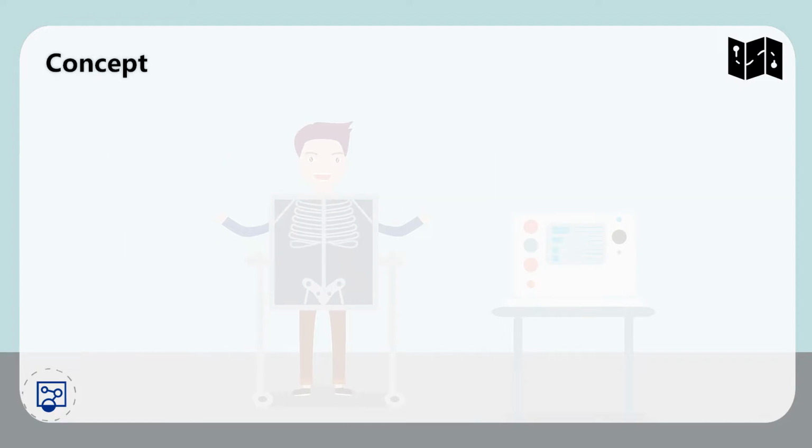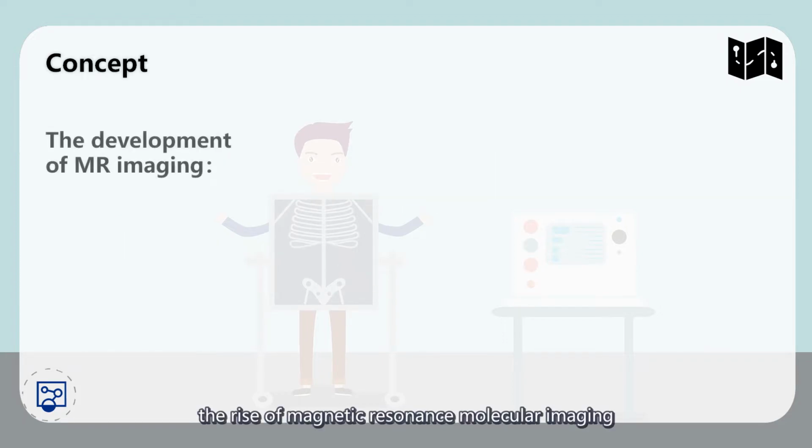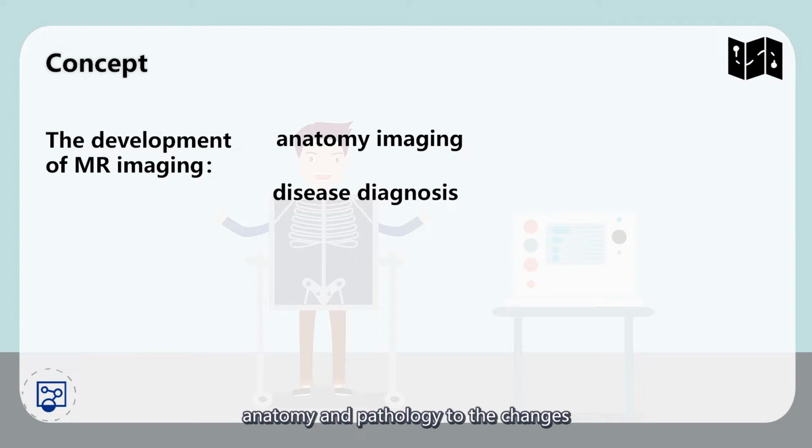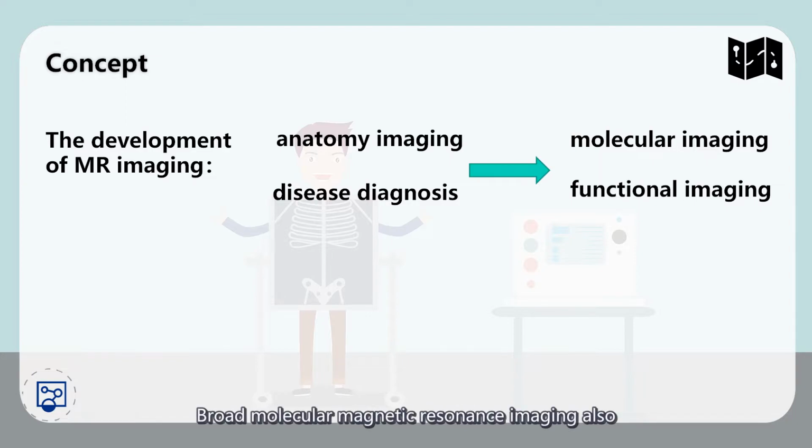In recent years, the rise of MRI molecular imaging has greatly promoted the development of medical imaging, moving medical imaging from traditional anatomy and pathology to the changes at the molecular and cellular levels. Broadly, molecular magnetic resonance imaging also includes functional imaging.